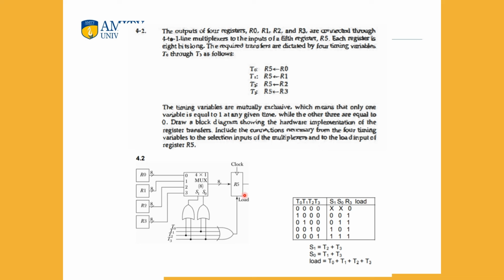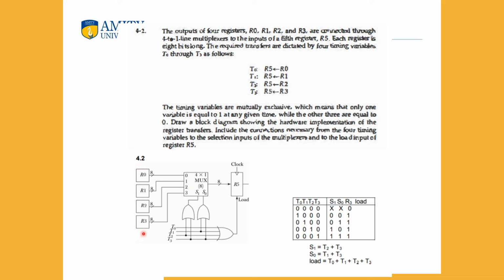So the load of the R5 will be connected to the ORing of all the timing signals, because if T0 is 1 or T1 is equal to 1 or T2 is equal to 1 or T3 is equal to 1, at any of them the load has to be 1, otherwise you cannot write data onto R5. Hence there will be an OR gate and it will be connected to R5, so that whatever timing signal has the value of 1 is transferred.